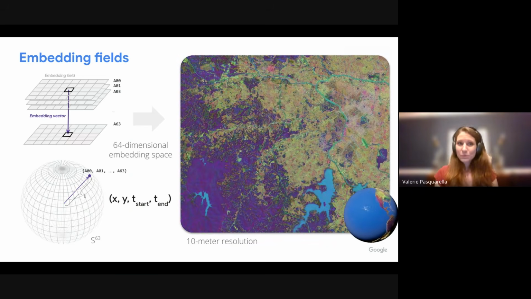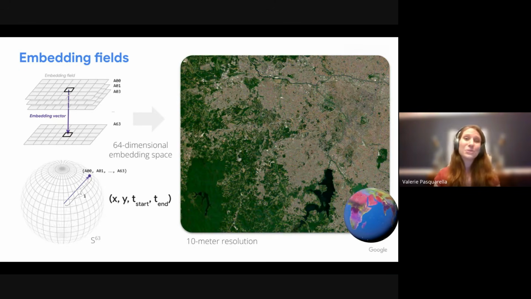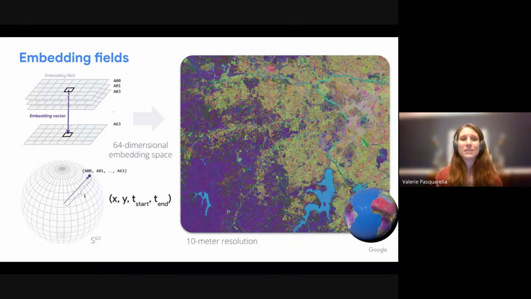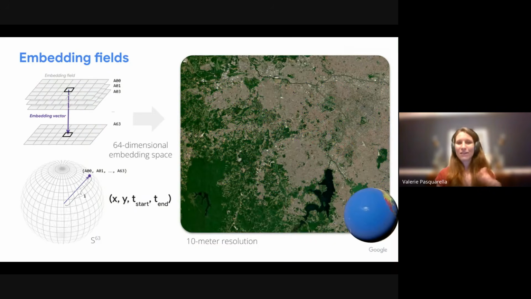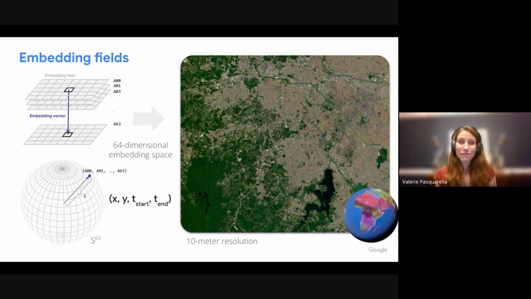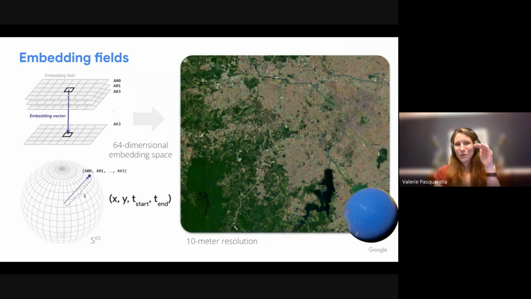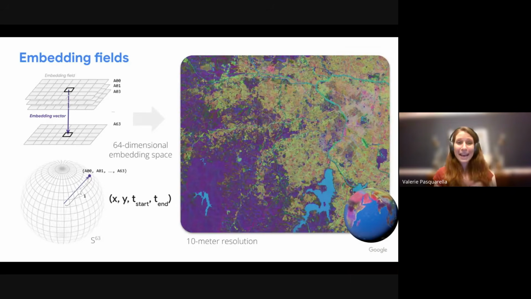Talking a lot about embeddings, we consider the image outputs of AlphaEarth Foundations our virtual satellite embedding field images. So again, very different than normal satellite images, which have bands that correspond to physical measurements. These are images where each pixel is an embedding vector. In our case, it's a 64-dimensional embedding space, so we've got 64 bands in these images, each corresponding to one of the embedding axes.